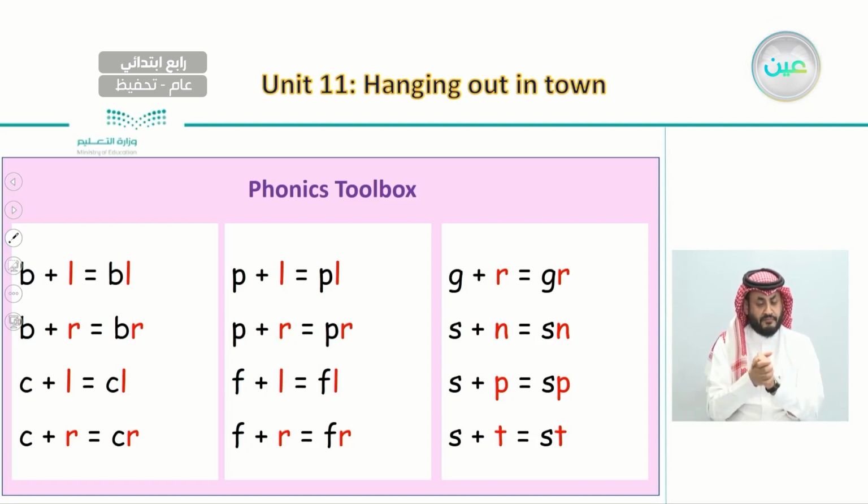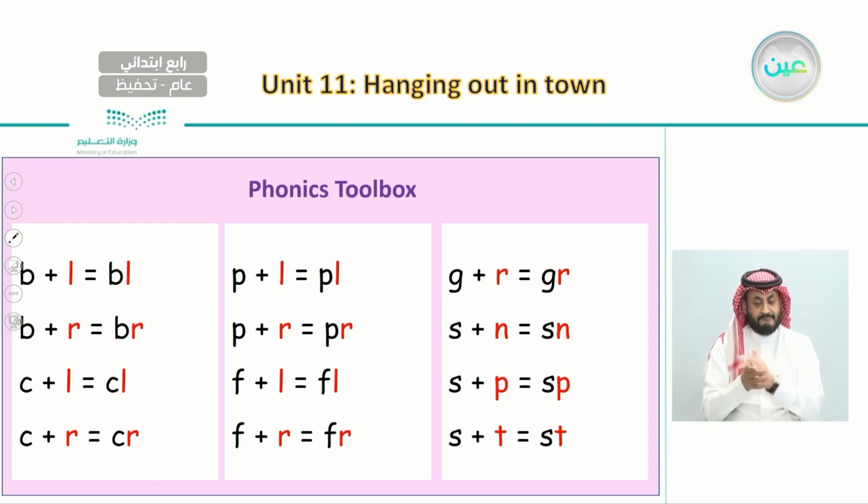Present. And here we have F. If we add to it L, it will make one sound unit, as in flower. And the same goes here. Here we have F, and if we add to it R, it will make one sound unit, as in frog. The same goes with the last list we have, which is G. If we add the R to G, then we have one sound unit for words like grass.